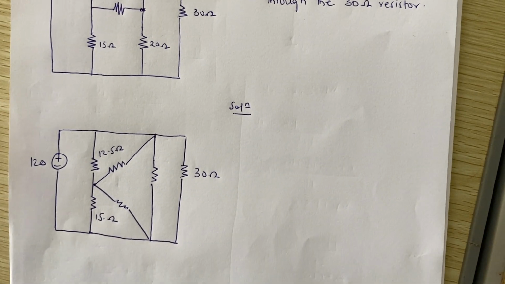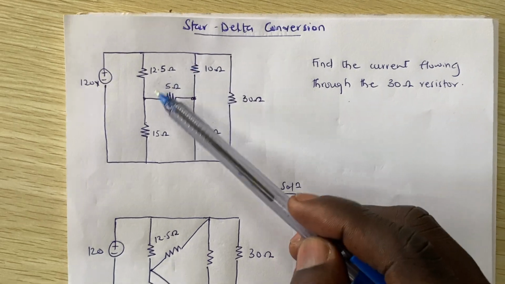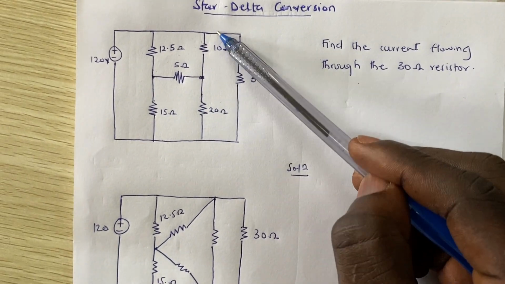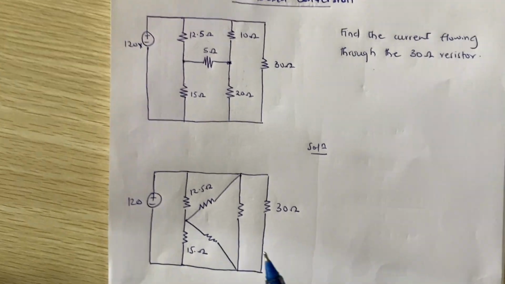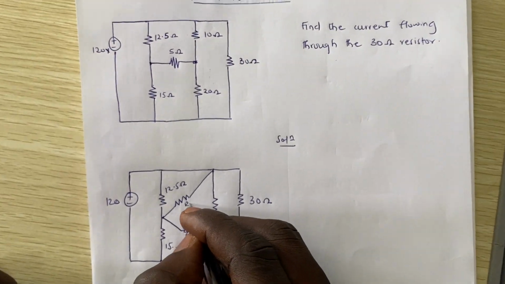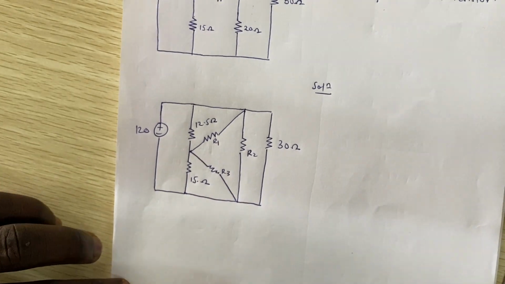All right, so our equivalent circuit is going to look like this because our delta is going to be this way, and of course we are going to get one here, which is this one. But then we don't know the values of these resistors, right? So we are going to assign to them R1, R2, and then say R3, right?